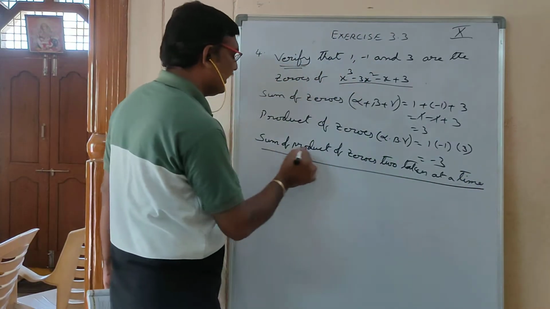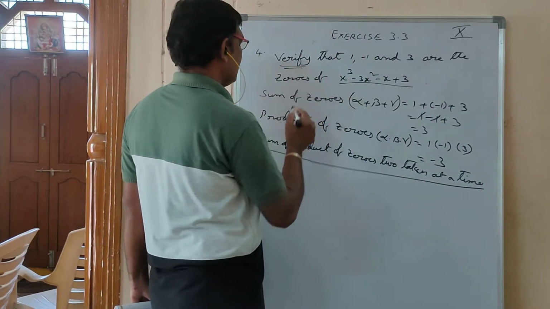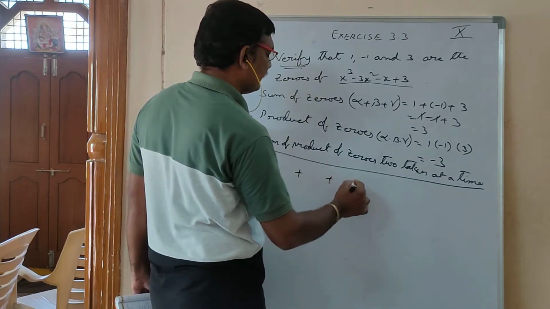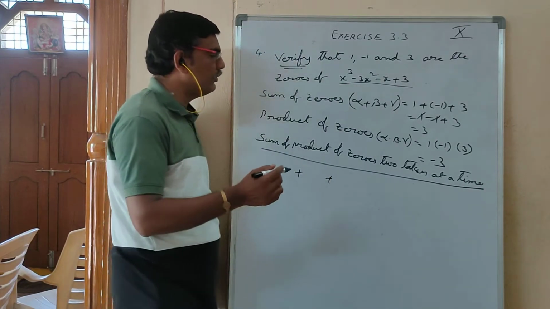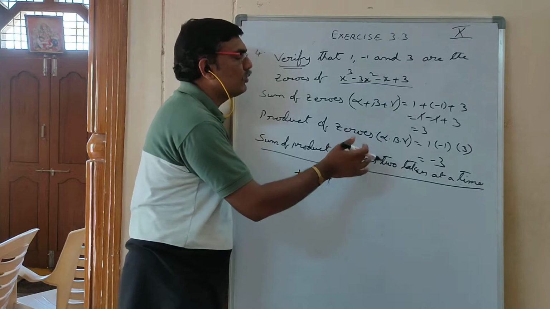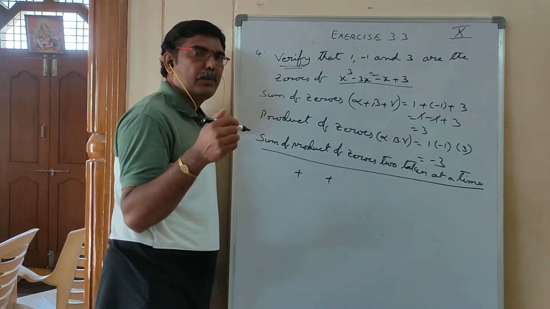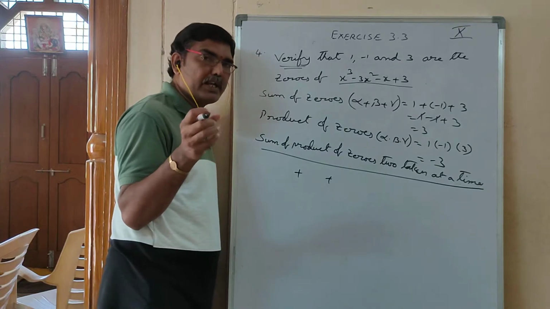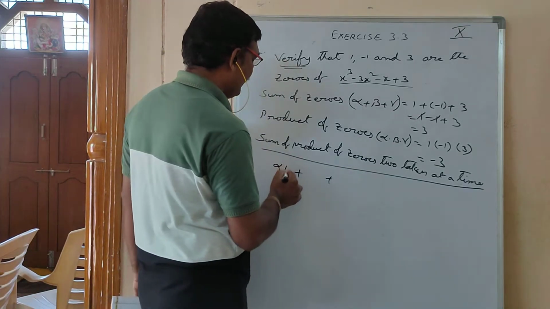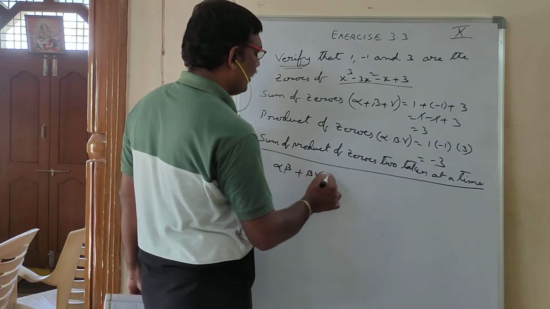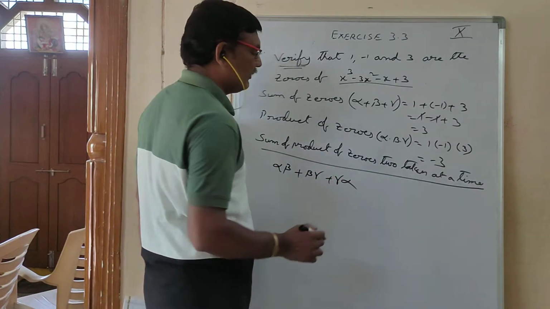The meaning of this sentence is, sum means you have to do addition only. Product of zeros 2 taken at a time. How many zeros are there here? 3 are there. But you have to take the product of 2 at a time. Means alpha into beta, beta into gamma, gamma into alpha.